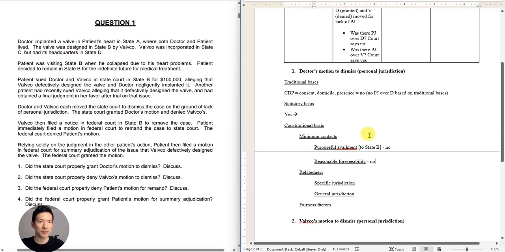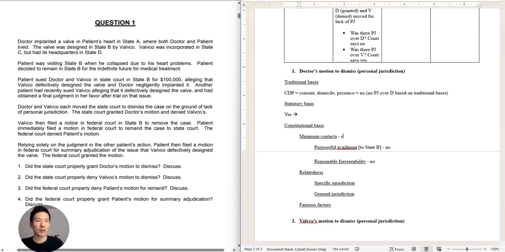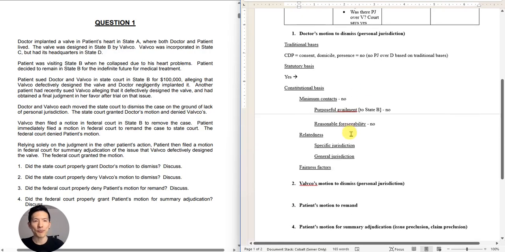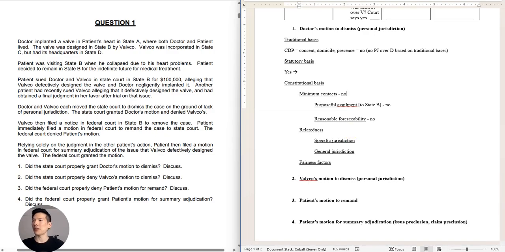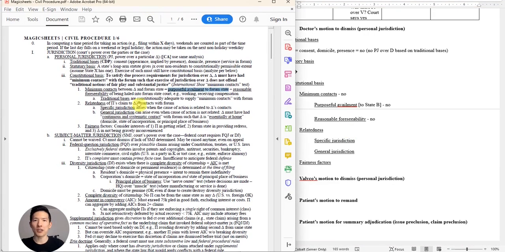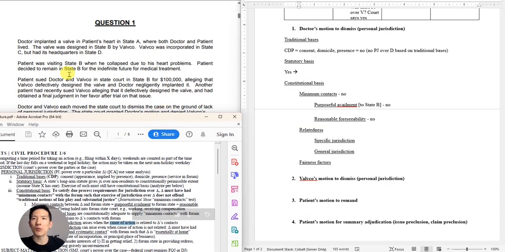So no, again. So we probably do not have minimum contacts. Relatedness, let's look at that. Specific jurisdiction arises when the cause of action is related to the defendant's contacts. So we don't even have defendant's contacts in state B. But the cause of action here is, let's see, what did the doctor allegedly do?